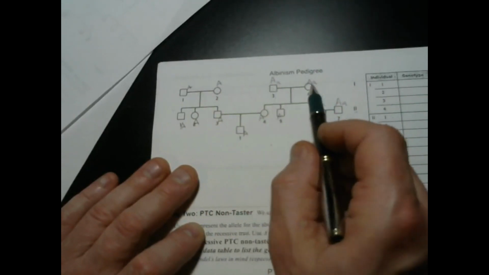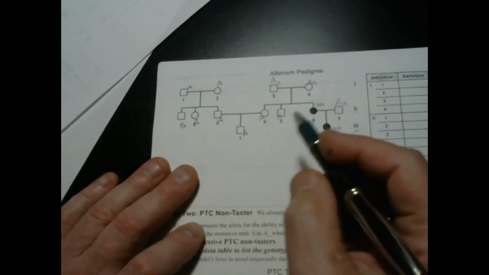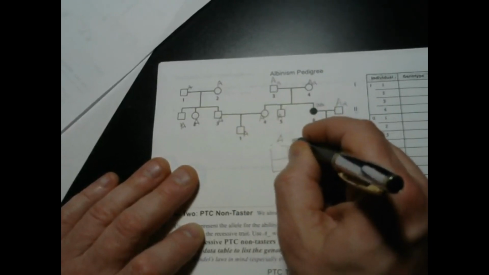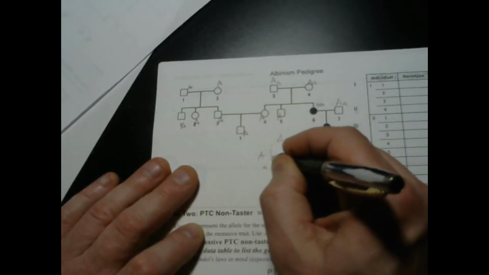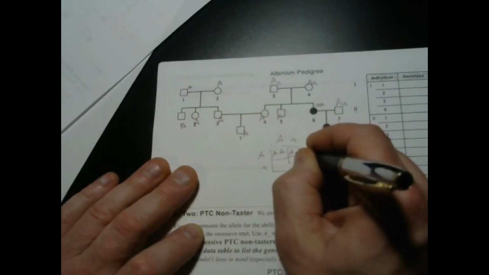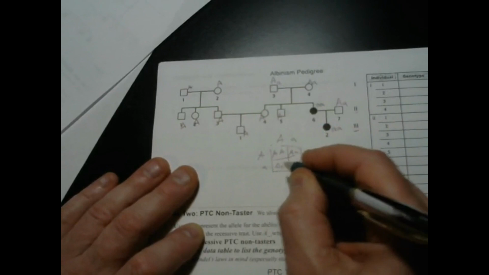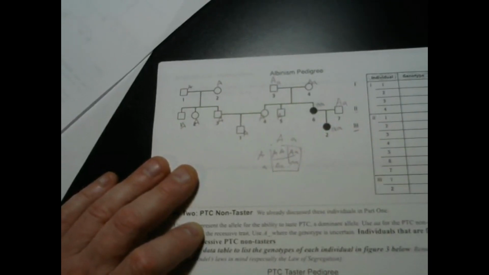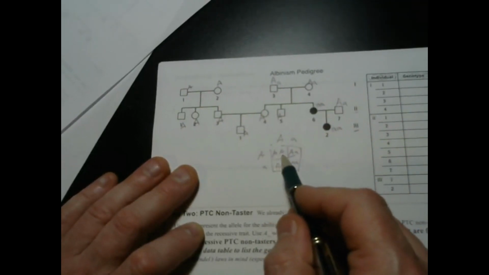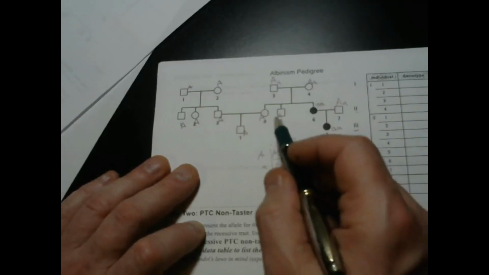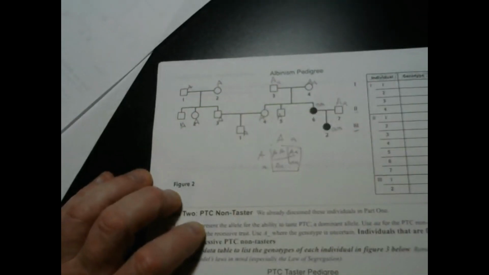From this couple, if you do the Punnett square real quick, you see that all of the combinations are possible: homozygous dominant, homozygous recessive, heterozygous. So we can't tell on any of these.